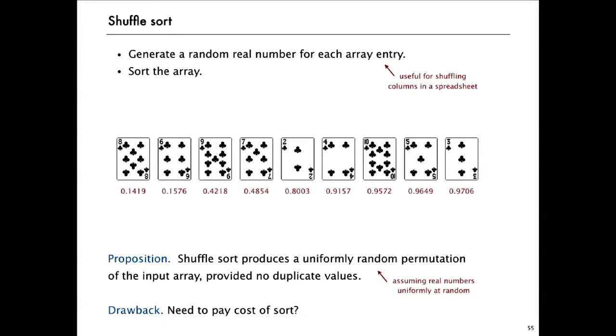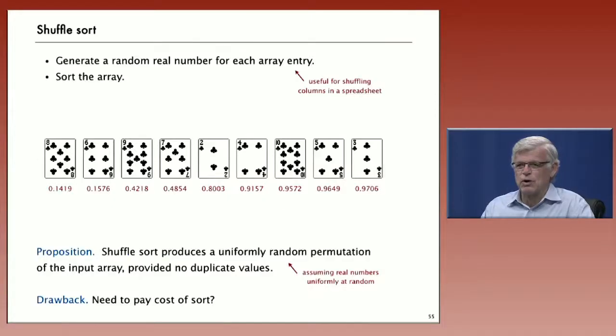That's an effective way to get things shuffled. And it's possible to prove that it produces a uniformly random permutation of the input if there are no duplicate values, assuming that you have real numbers generated uniformly at random. That just means that it's well shuffled, that every possible way of shuffling the deck appears with equal probability. That's fine, but it requires a sort, and the sort seems like a lot of work for this problem.